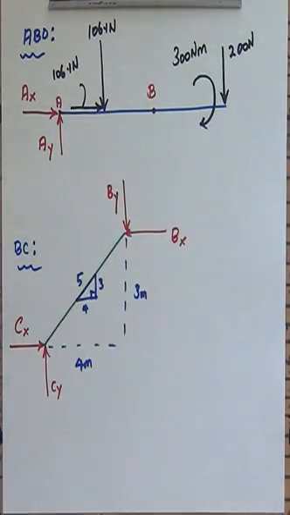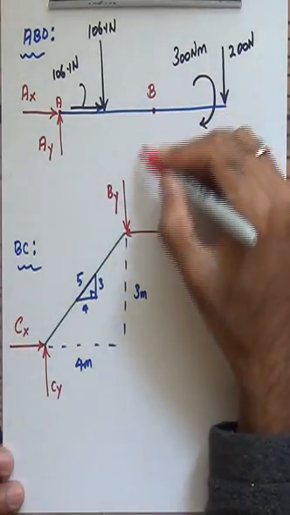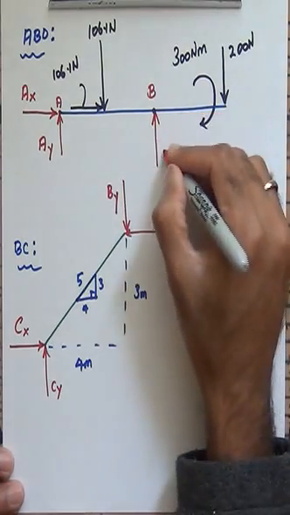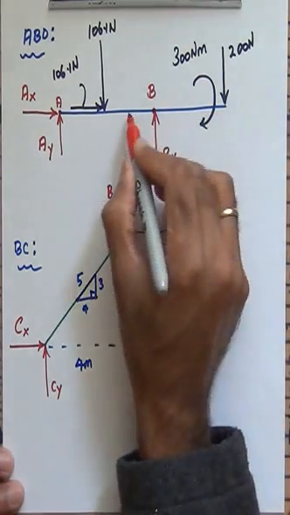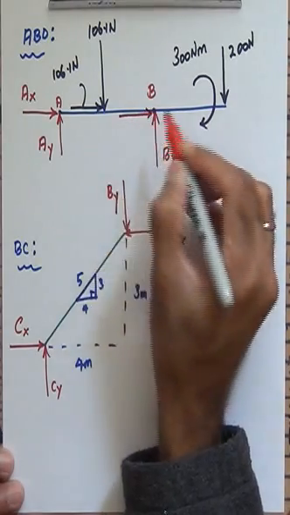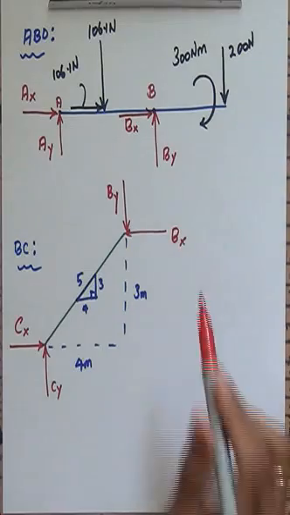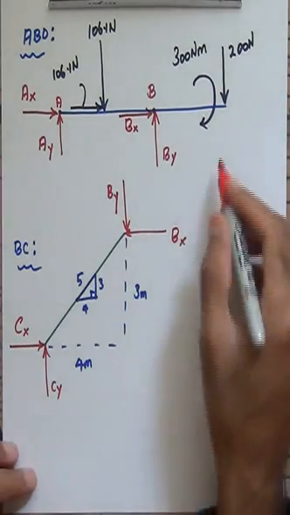And so I'm going to mark them in equal and opposite directions, which means that if BY was pointing down here, BY is going to be pointing up there, and I'm going to have a BX pointing in the opposite direction, as you can see, to the BX that is drawn here. So these will be equal and opposite.